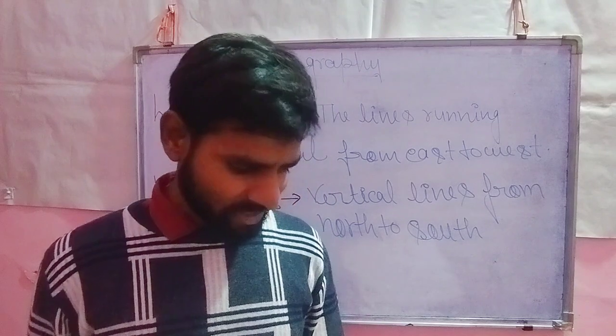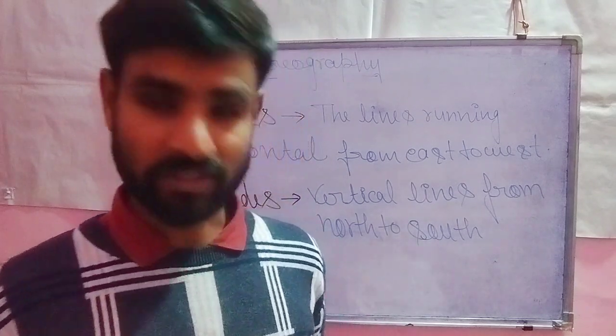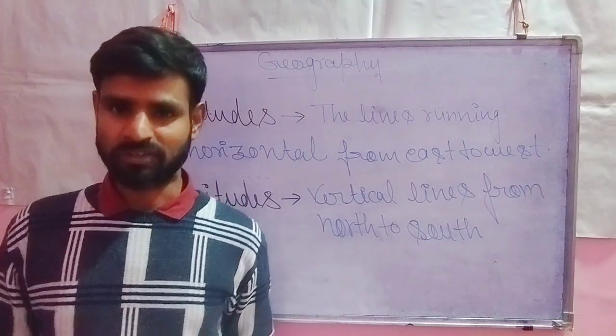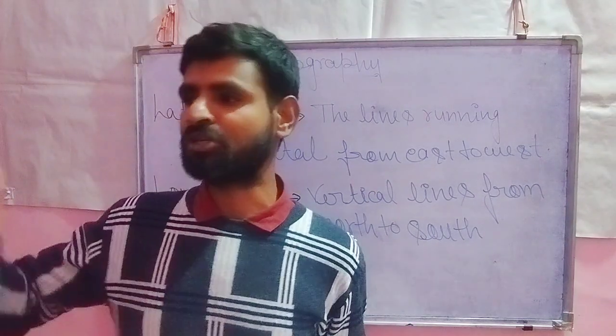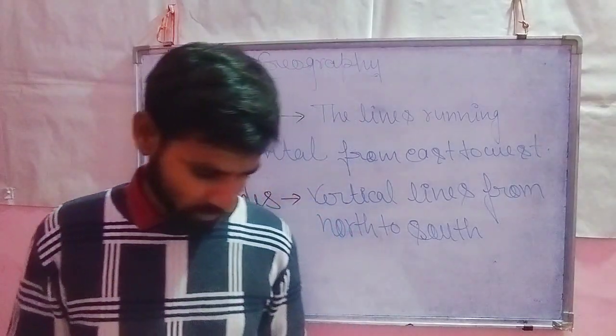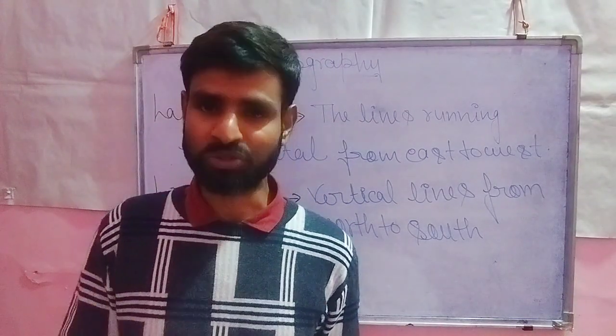The equator divides the earth into two equal parts. When we want to separate the earth into two equal parts, there is the equator, a 0 degree latitude, which divides it into two equal parts.